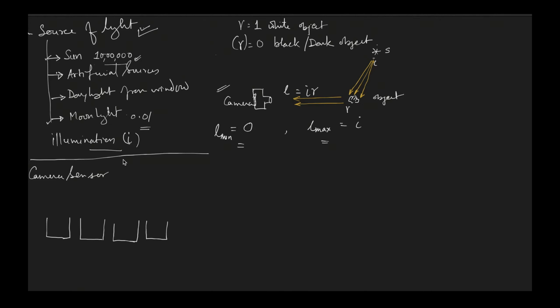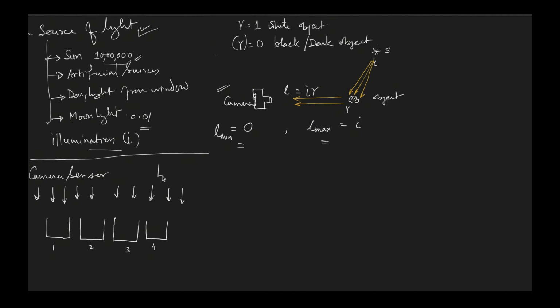Now what happens when the light is incident? How does a photodiode work? Which physics principle does it use? These are my photodiodes. 1, 2, 3, 4.